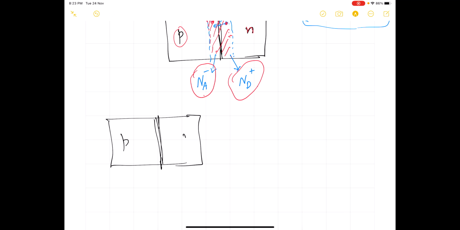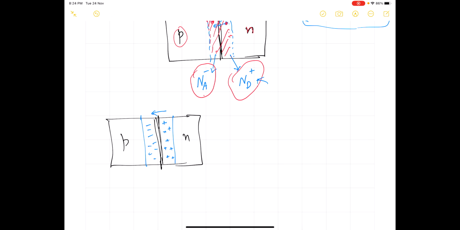This is the equilibrium PN junction, and you have the negative charged particles here and positive ionic particles here. So this will generate an internal field, because of this positive and negative charge.